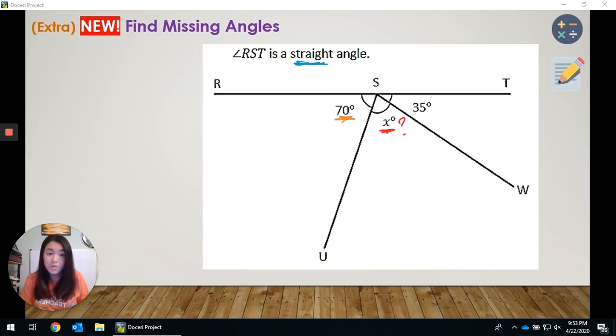That's the one we don't know. And then there's an angle that's 35 degrees. There's a lot more numbers in this question. I want you to see if you are up for this challenge and if you can figure out the answer for what is x. What is our missing angle x?